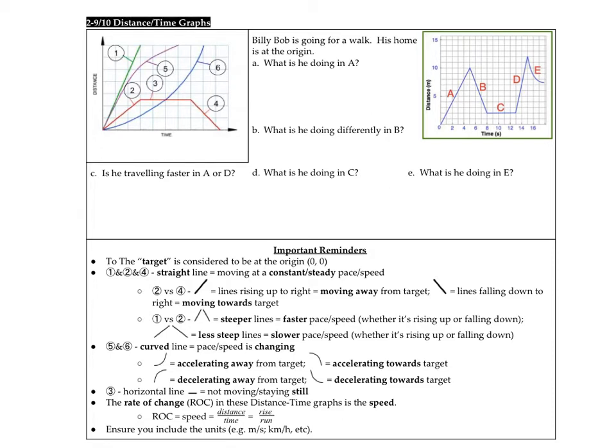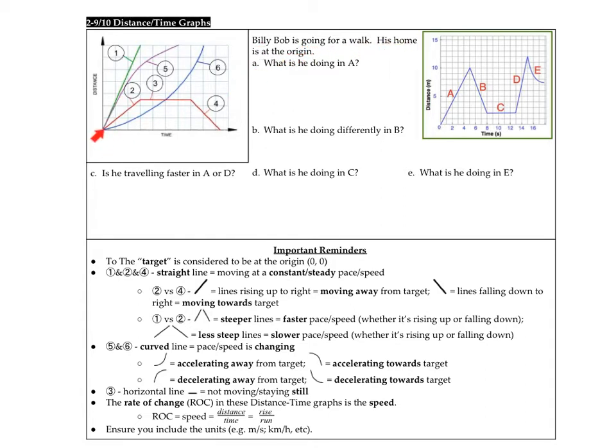The other thing you need to keep in mind is that the origin here at 0, 0 represents what we call the target, and what the target is depends on the situation. So that could be his home, his school, or whatever. So it says here, Billy Bob is going for a walk. His home is the origin.